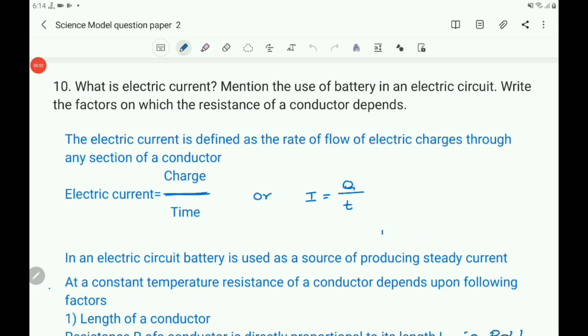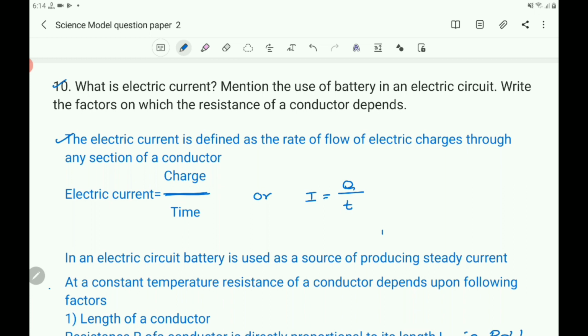Now the second 3 marks question, that is the 10th question. What is electric current? Mention the use of battery in an electric circuit. Write the factors on which the resistance of a conductor depends. 3 questions are there. First you write what is electric current.